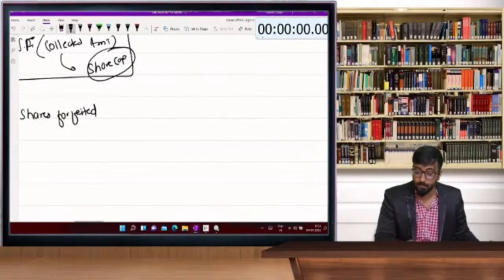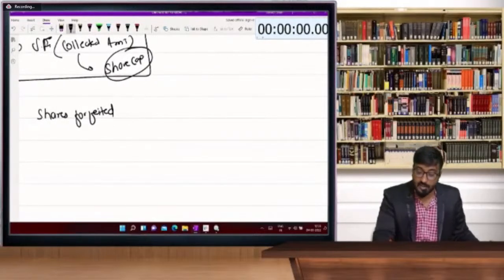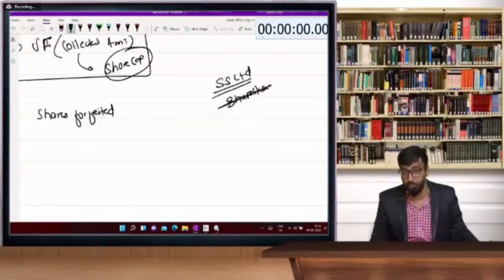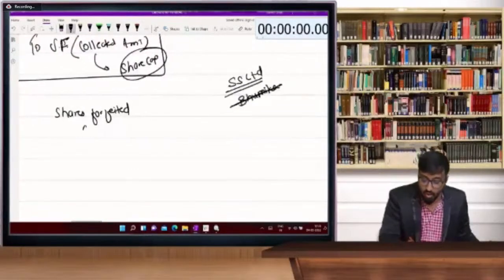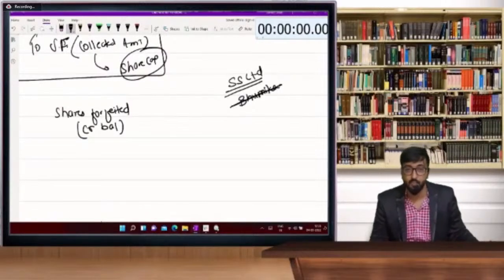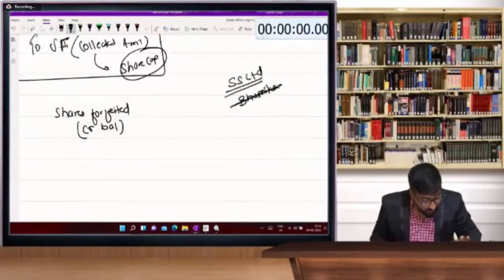Suppose, assume SS Limited amount. So we cancelled her name from our shareholder list. हमने उसका नाम मिटा दिया shareholder list में से. So credit balance. So shares forfeited always shows credit balance.